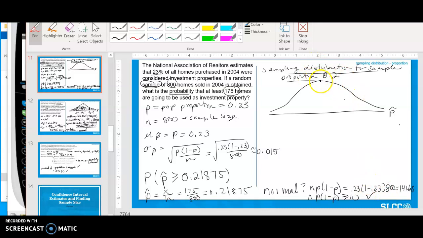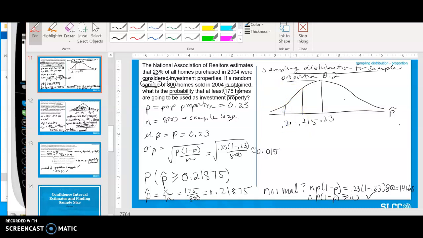So we have our mean at 0.23. Then I'm going to have 0.23 minus 0.015 and have 0.215. I minus 0.015 again, and I have 0.2.